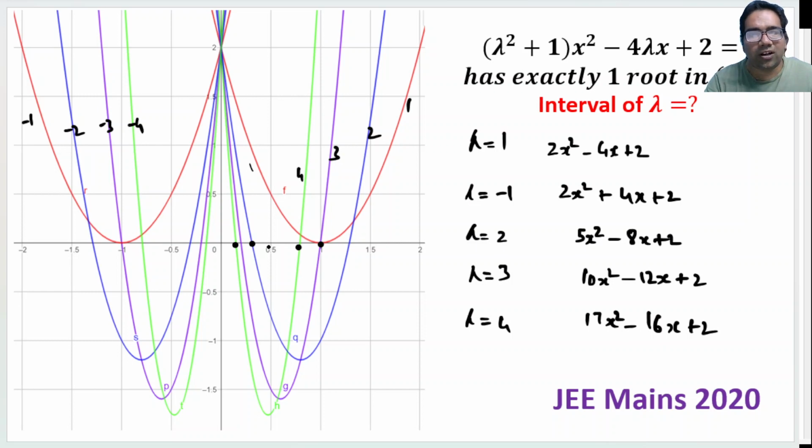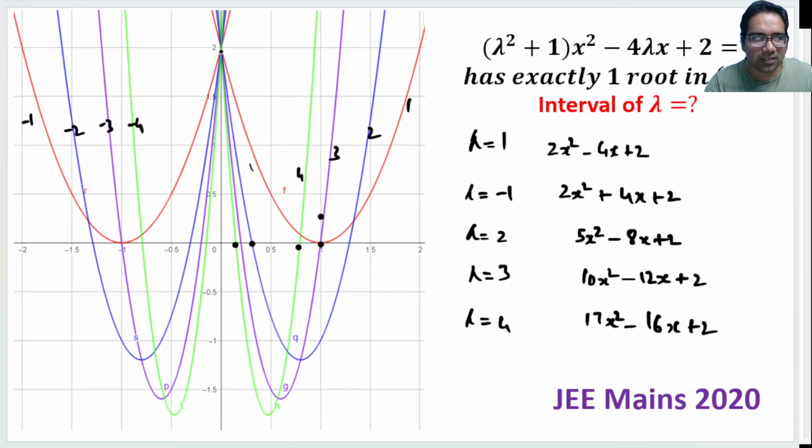Now, if one root has to lie between 0 and 1, only one root has to lie between 0 and 1, what is the shape of this parabola? If the y coordinate at 1, f of 1 basically, if you put 1 here, f of 0 is 2. If f of 1 is positive, is there any way that this parabola has a root between 0 and 1?